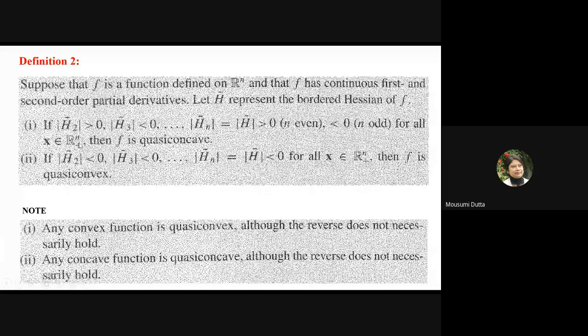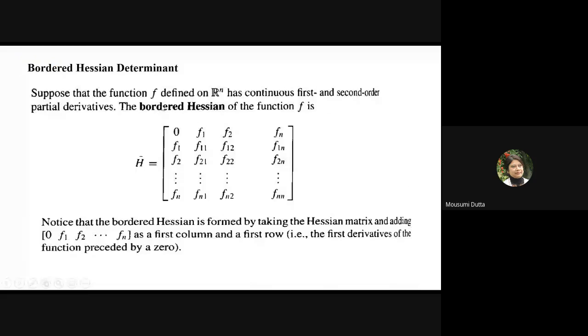Because we need a border. The smallest size is given by this, 0, F1, F1, F11. This is the smallest segment. So the first component is only 0.